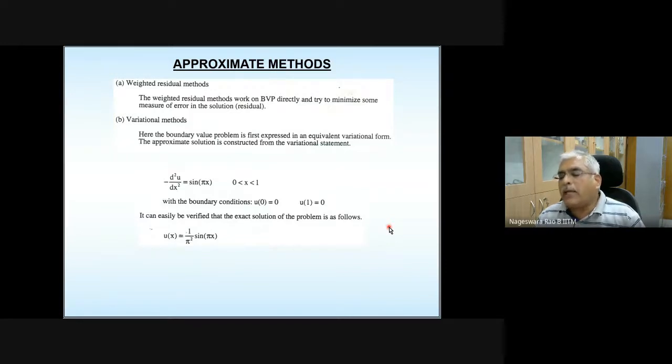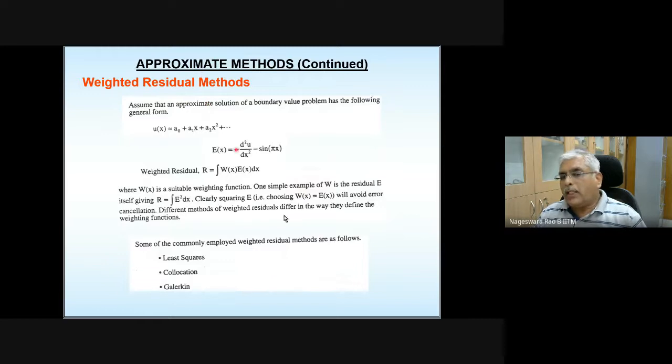And then from there we are going to proceed to the finite element method. Okay, so please take note of this problem and these boundary conditions. As part of your homework, please check whether this is the exact solution or not. In tomorrow's class, we are going to start with weighted residual methods.